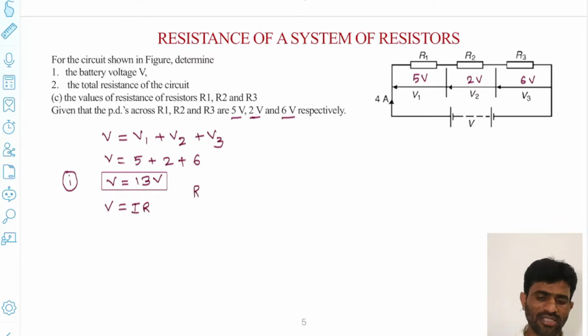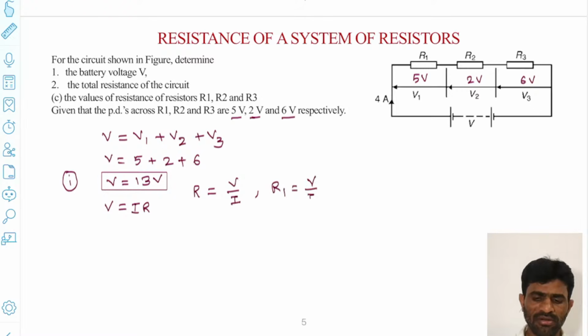So R is equal to V by I. Similarly, R1 is equal to V1 by I1.